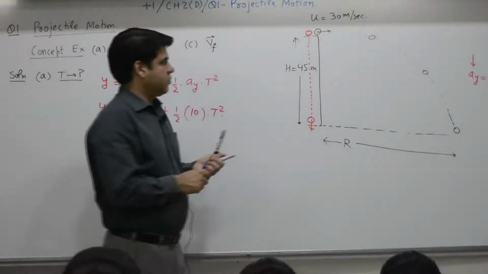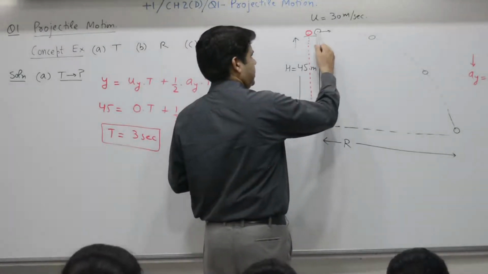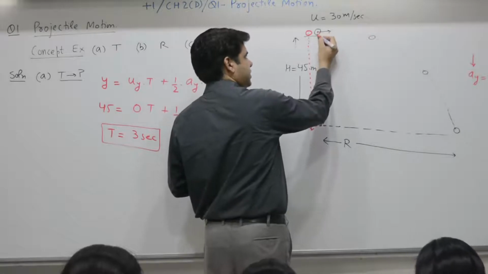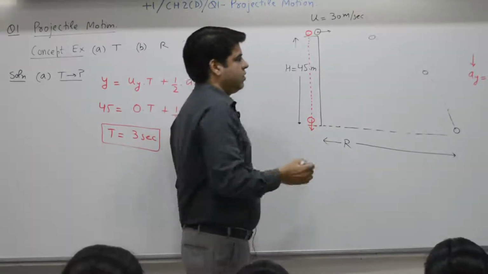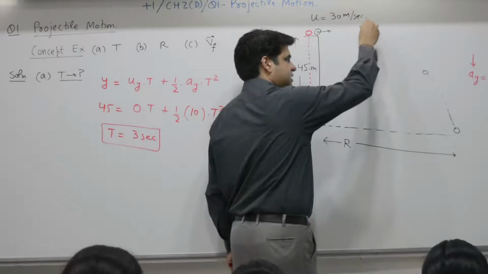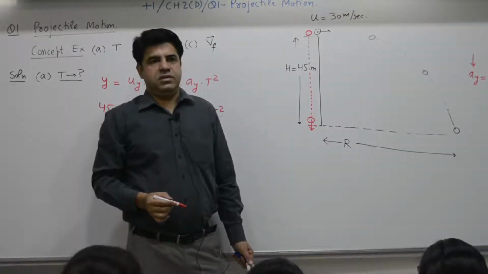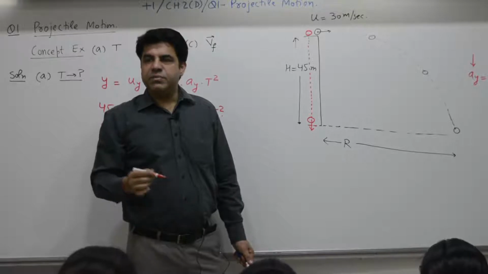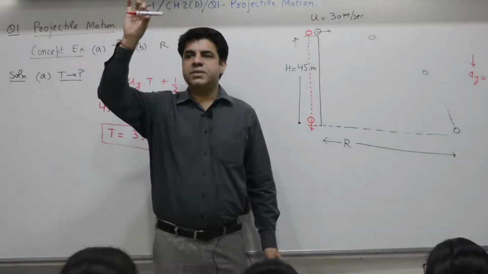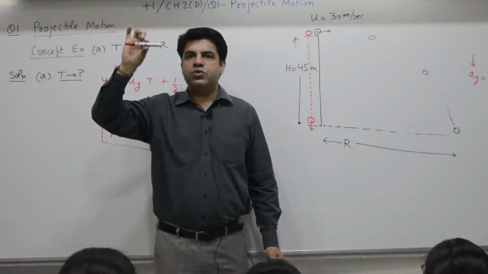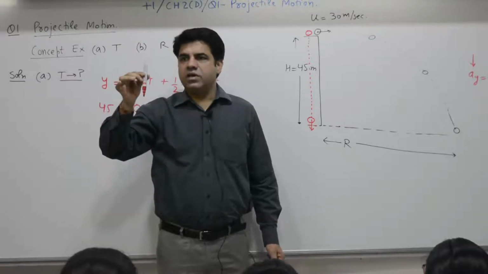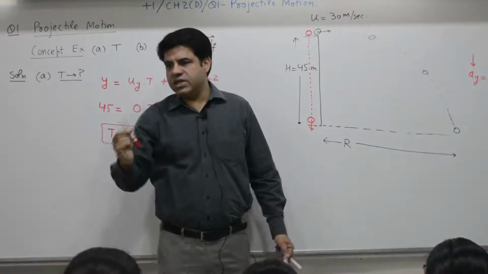Vertical, at t is equal to 0, vertical velocity is 0. What is the acceleration along y-axis? 10 meter per second square. So that means after 1 second speed will be 10, after 2 seconds vertical 20, after 3 seconds vertical component will be 30.